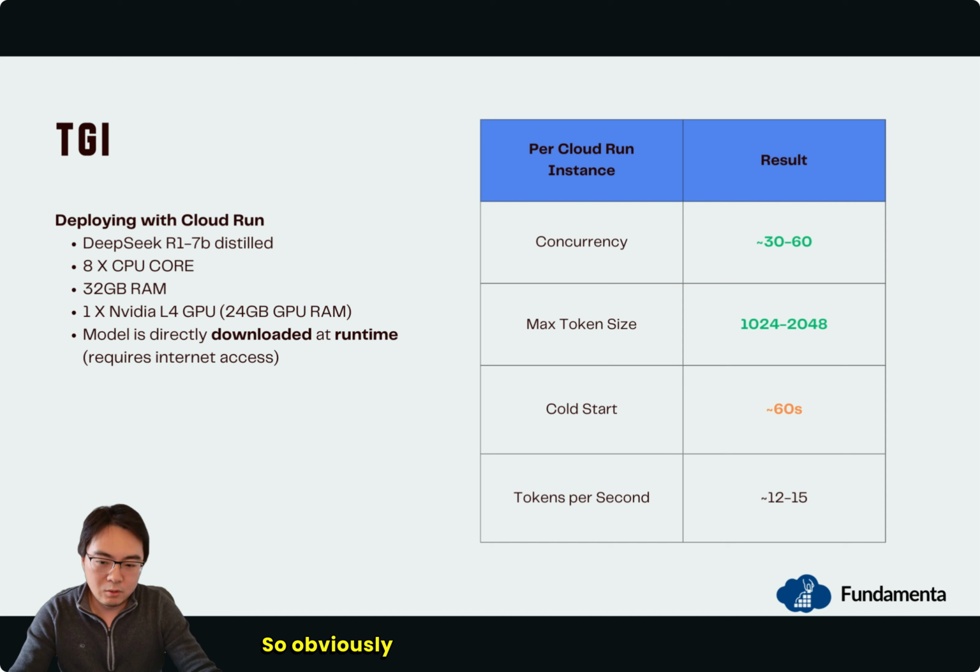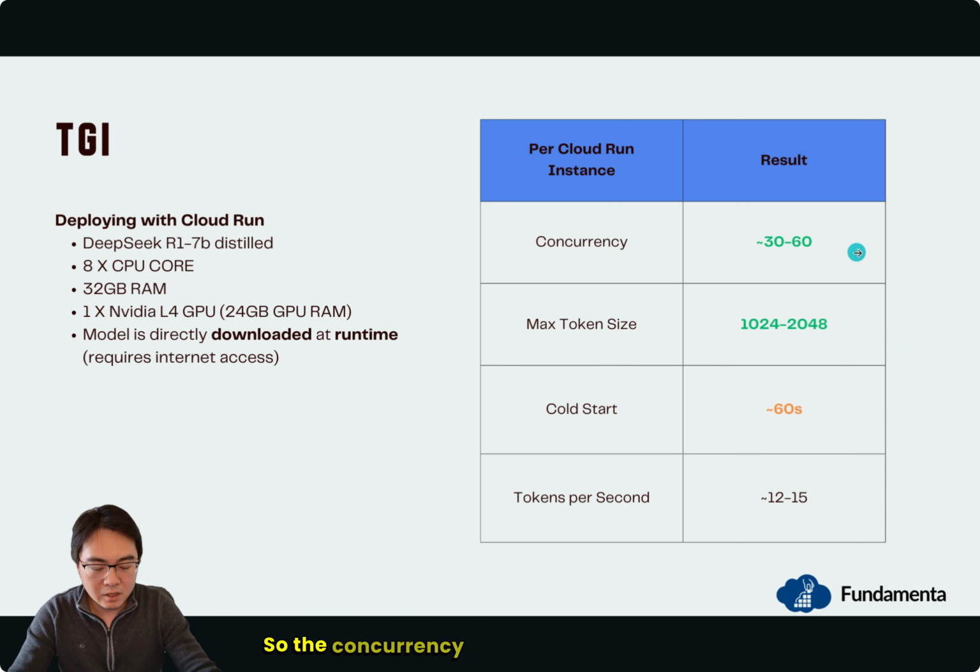So obviously, with this option, you're going to need internet access, right? Which is not an option for all organizations, but it's there. And because you don't really do much with the models, the internet access is isolated for this particular service. The risk is pretty low, and it only takes 60 seconds, which is quite surprising to me. But let's look at the maximum token size and concurrency.